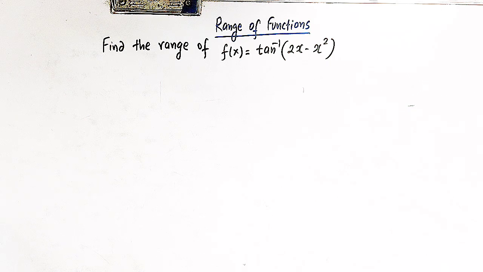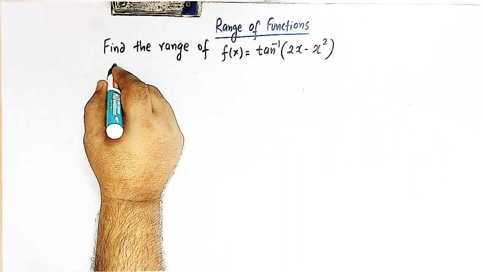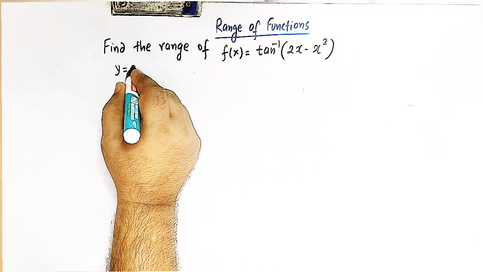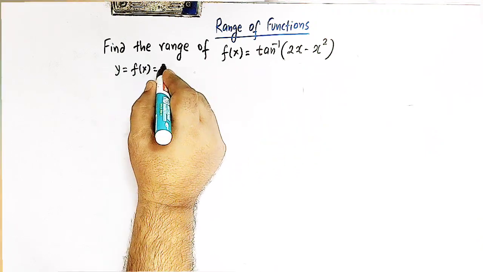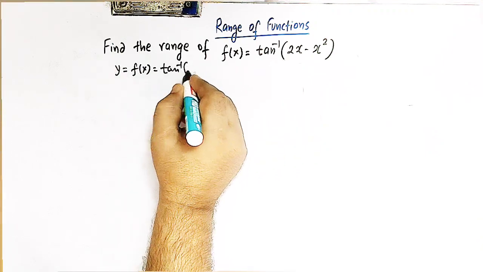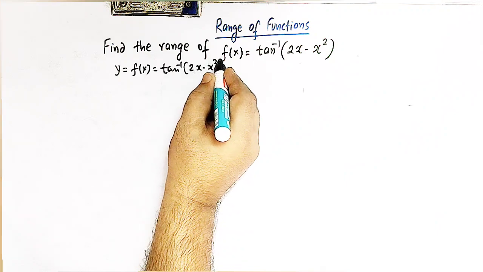So here let us first see the concepts which are going to be used to find out the range of this function. So now let us first take y is equal to f of x, that is tan inverse of 2x minus x square, right?